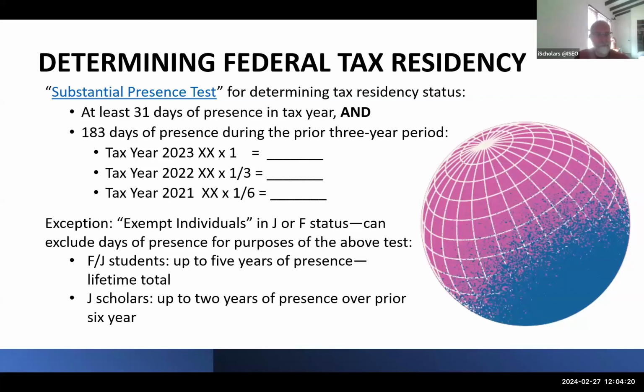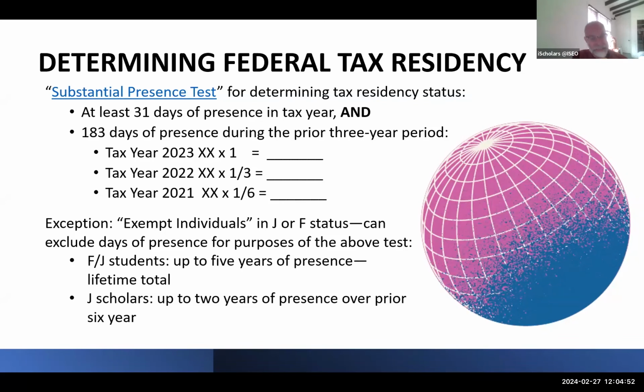It's basically a formula that counts up the number of days that you've been present in the United States for the tax year that you're currently looking to complete your forms for, as well as the previous tax years. So basically, if you meet the substantial presence test, you then have become a resident alien. If you do not meet it, then you are a non-resident alien.